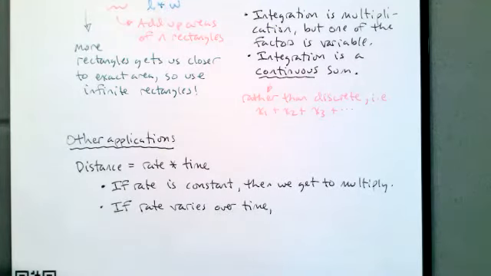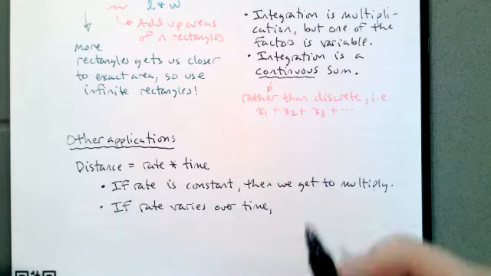Assume that it's constant for small pieces of time, delta t's, and then calculate with multiplication, because that's what we're trying to do when we break things up into little pieces. Then we get to multiply rate times that little piece of time. Then we go on to the next piece of time, calculate the rate there, multiply by the time, and then add up all those distances.